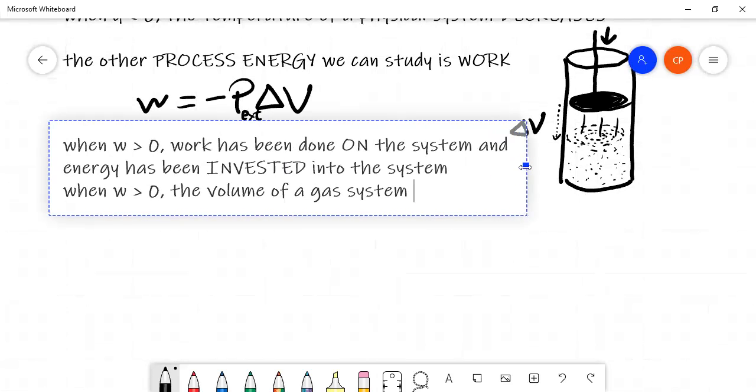And when W is greater than 0, what's necessarily happening to delta V? W is greater than 0, I compress this system. What happened to the volume of the system? It decreased.